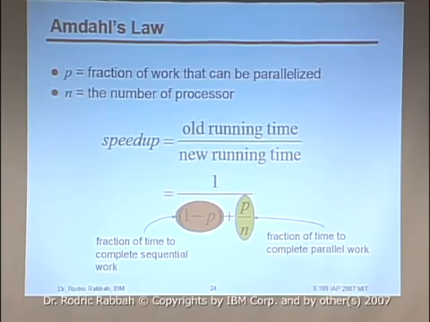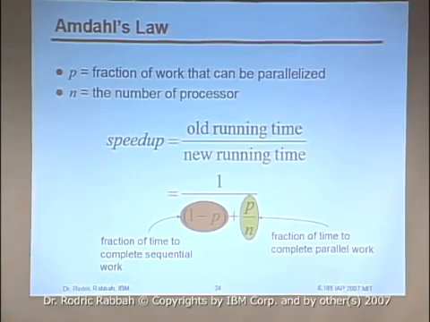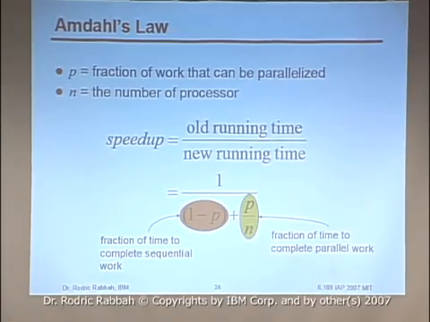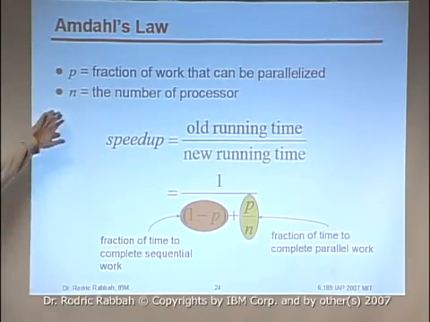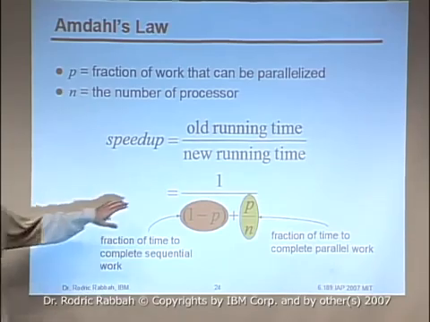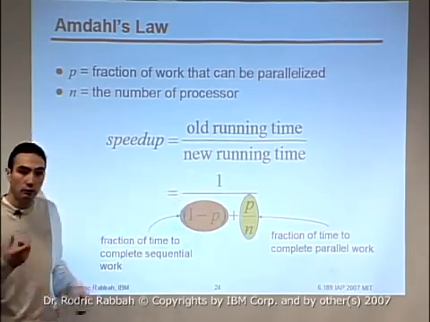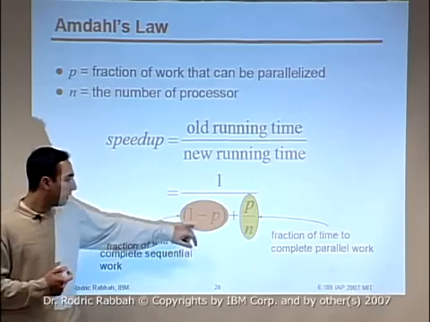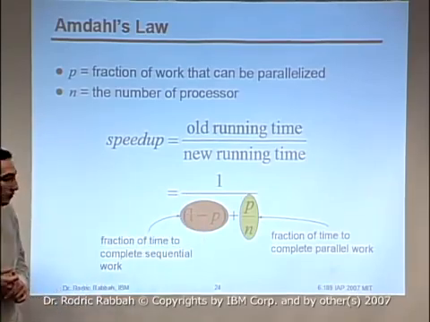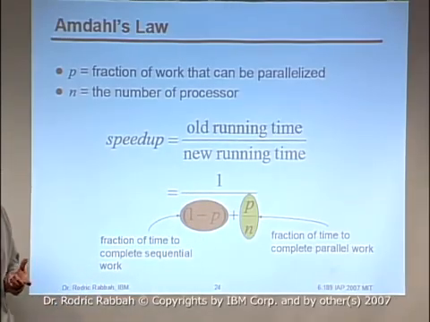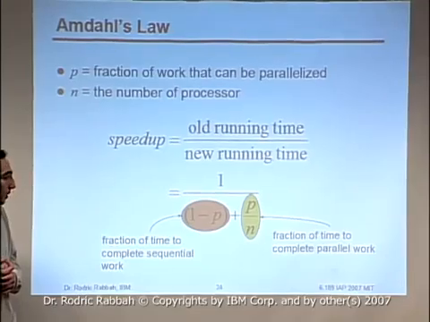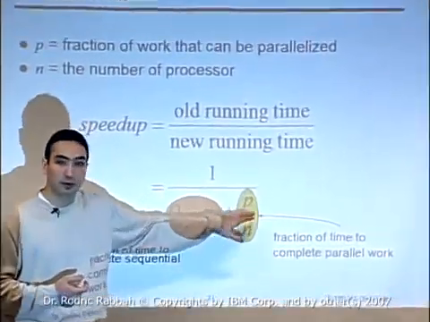So if you look at the fraction of work in your application that's parallel, and that's P, and your number of processors, well, your speedup is, let's say the old running time is just 1 unit of work. It's the time it takes for the sequential work, so it's 1 minus P, since P is the fraction of the parallel work. And it's the time to do the parallel work.